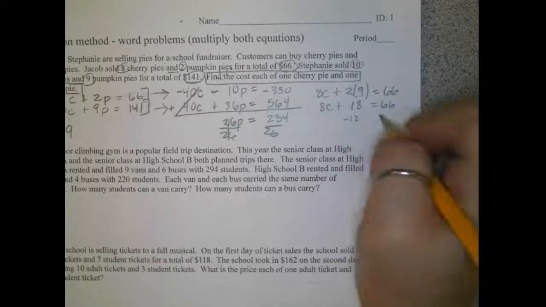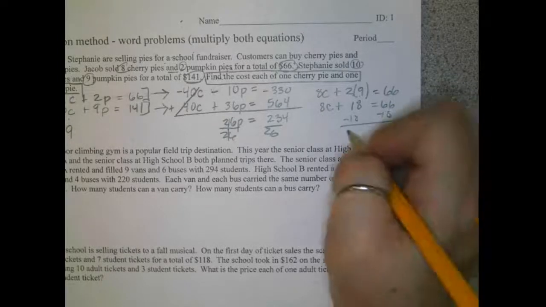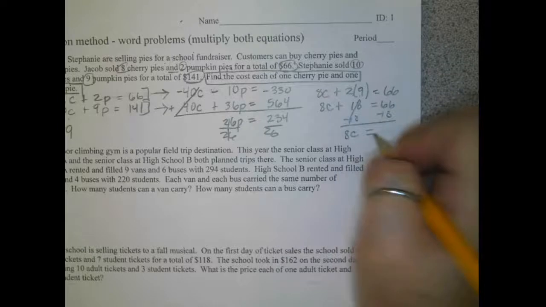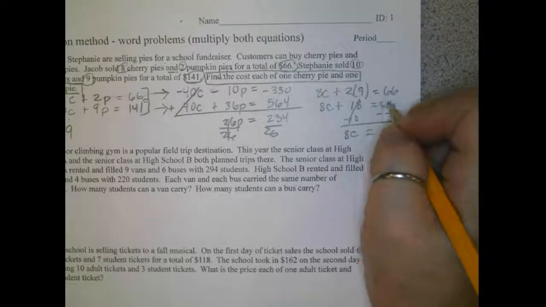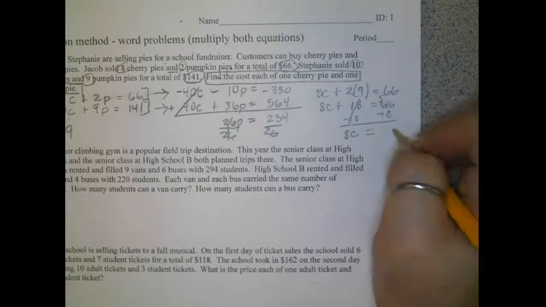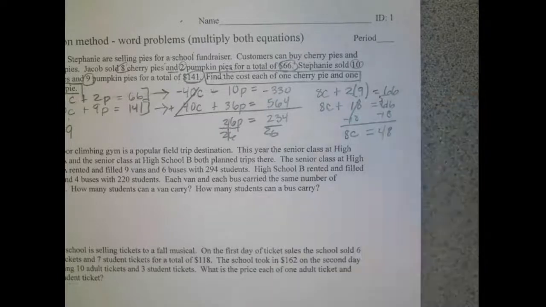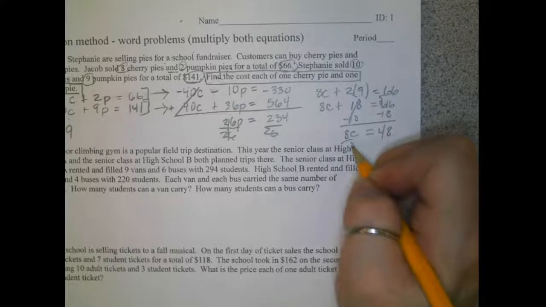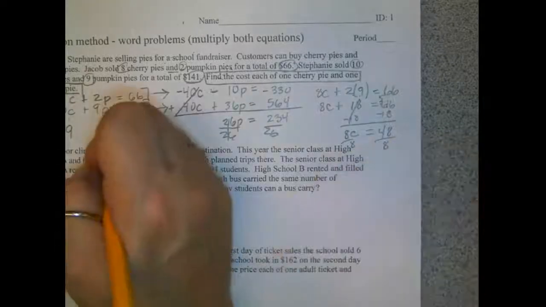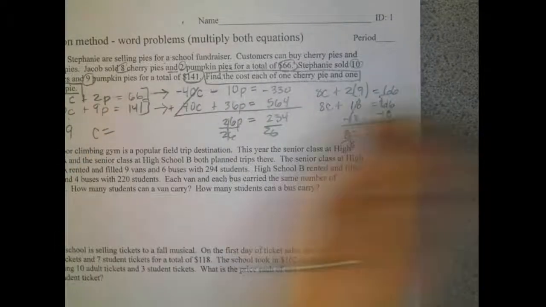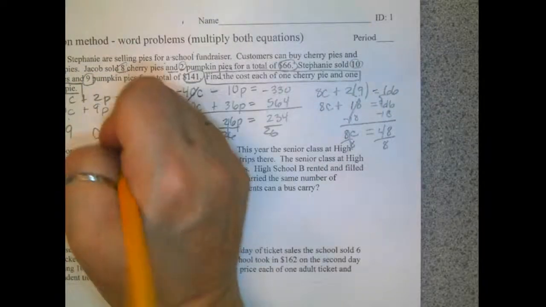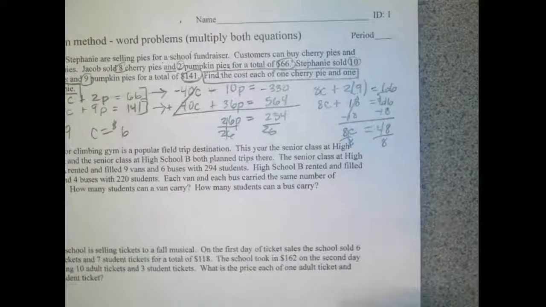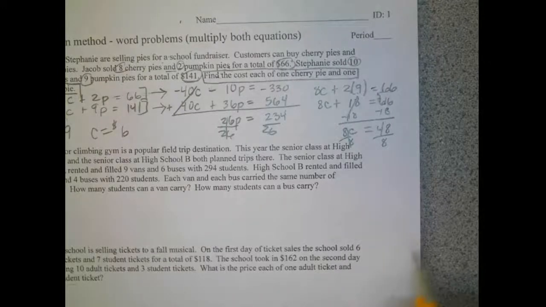Subtract it from both sides, right? I now have 8c is equal to, I'm going to have to borrow here, 48. And then what? Divide both sides by 8. What does c equal? Equals $6.